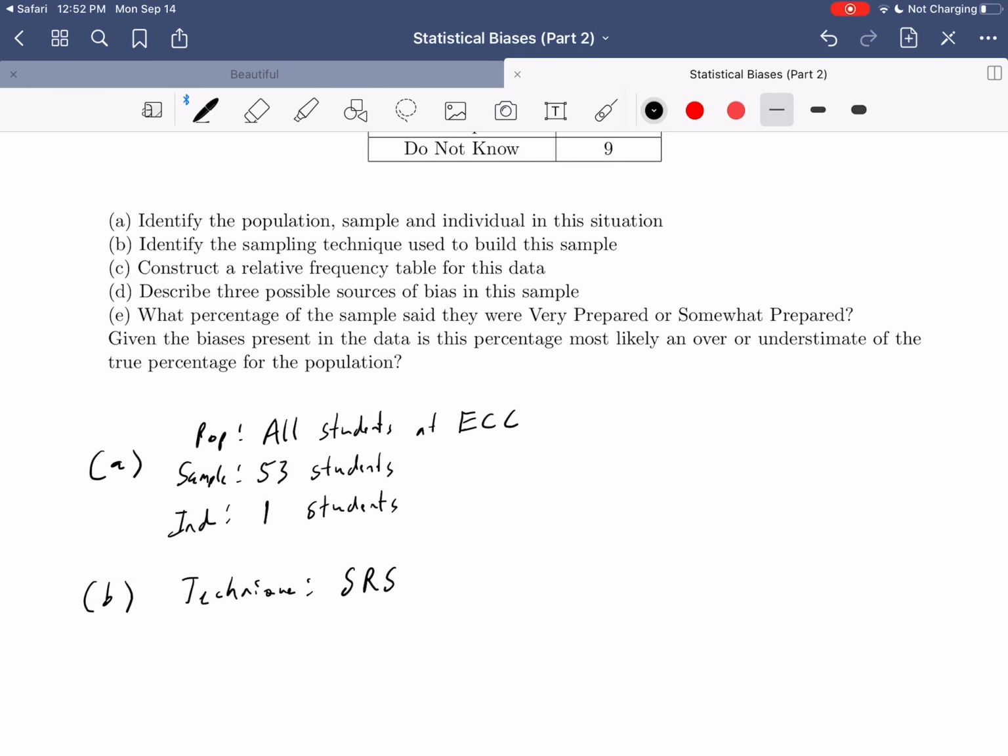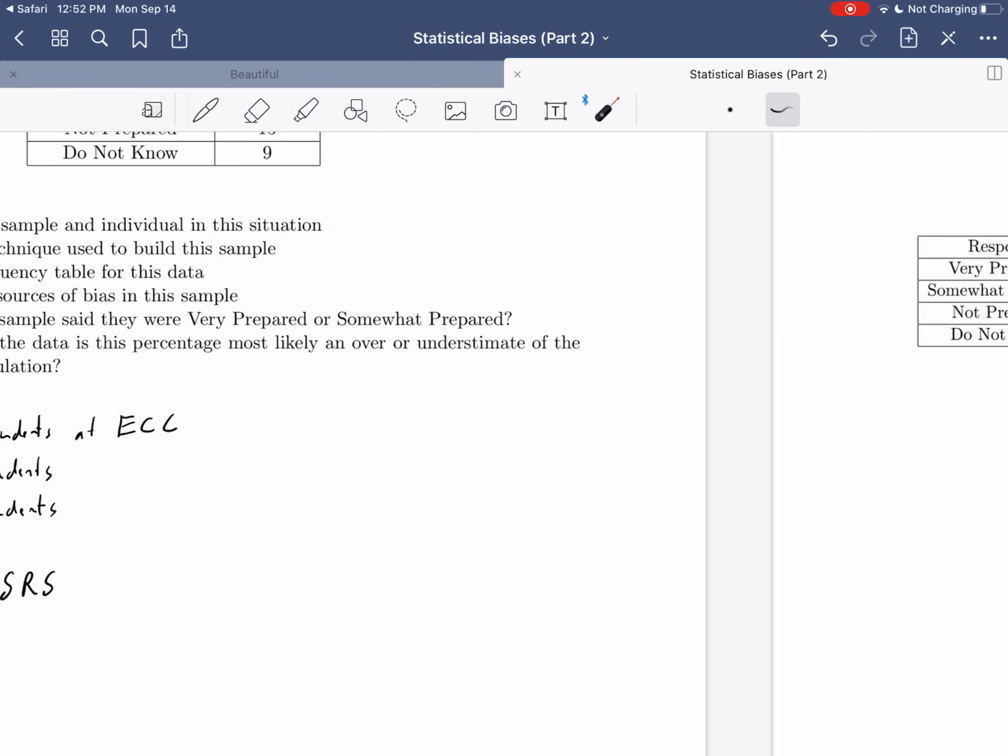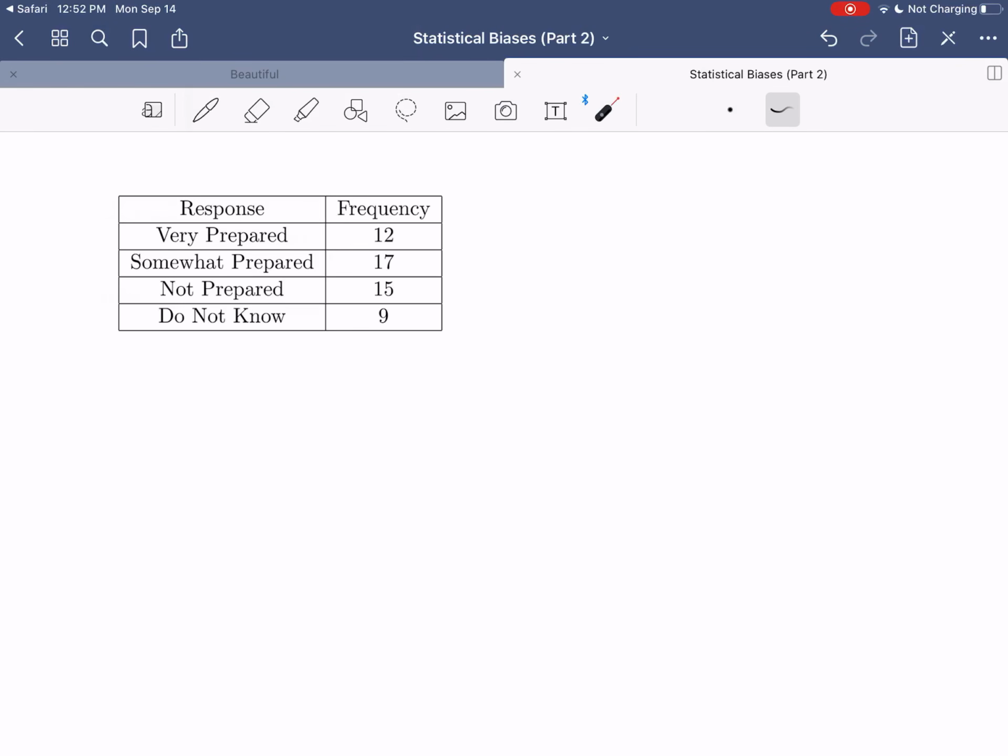All right, now let's go ahead and construct a relative frequency table for this data. We'll do that on the next page though. So we'll go over here. So there's our actual data. This would be part C, a relative frequency table. So we'll want to take their response: very prepared, somewhat prepared, not prepared, and do not know.